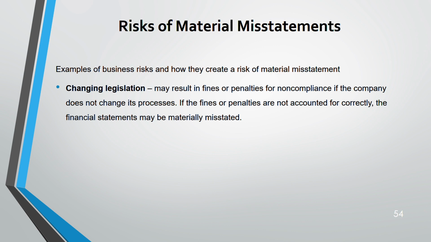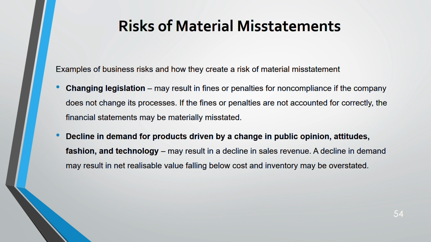When legislation is changed, maybe they might have introduced some fines or penalties for non-compliance. So if the client does not account for these fines or penalties correctly, financial statements will be materially misstated. Second, decline in demand due to a change in public opinion, fashion or technology, whatever.